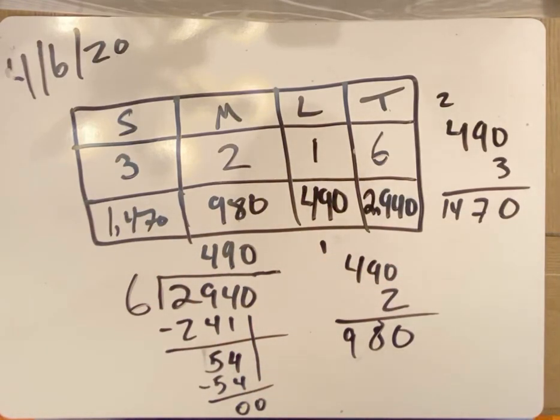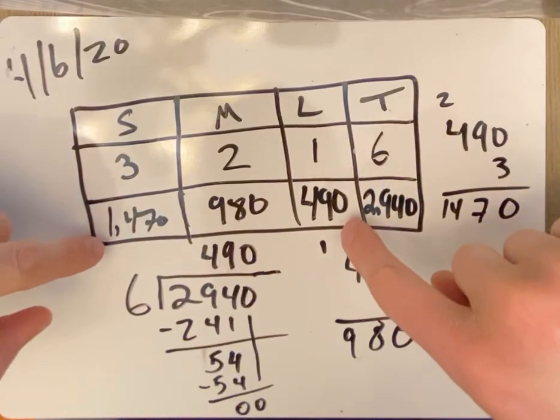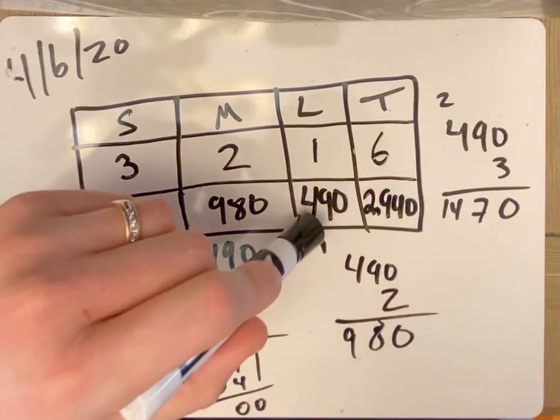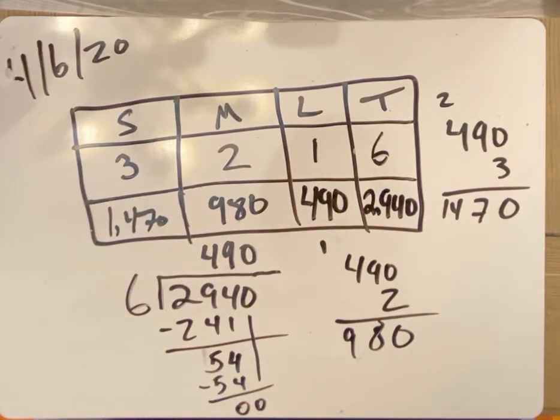Because remember, the amount of large diapers is 3 times, right? So 3 times, right? Does that make sense? It's because the number of large diapers is 3 times more than the small diapers, right?